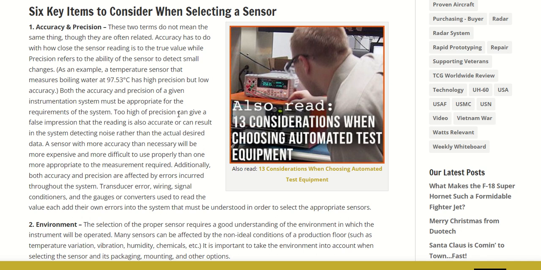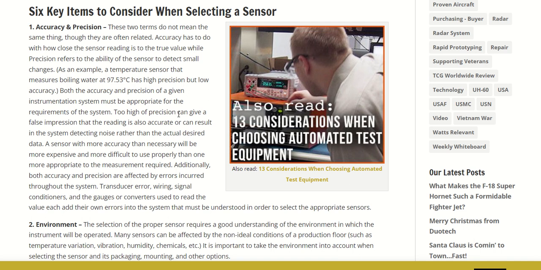So for example, a temperature sensor measuring boiling water at 97.53 degrees Celsius has high precision but low accuracy, right? Both accuracy and precision of a given instrumentation system must be appropriate for the requirement of that particular system.